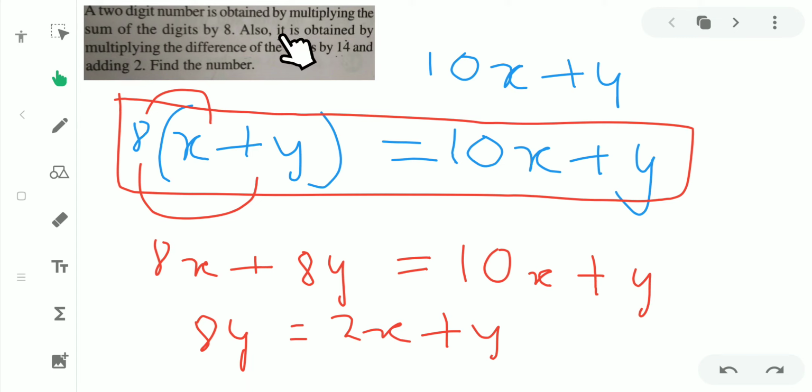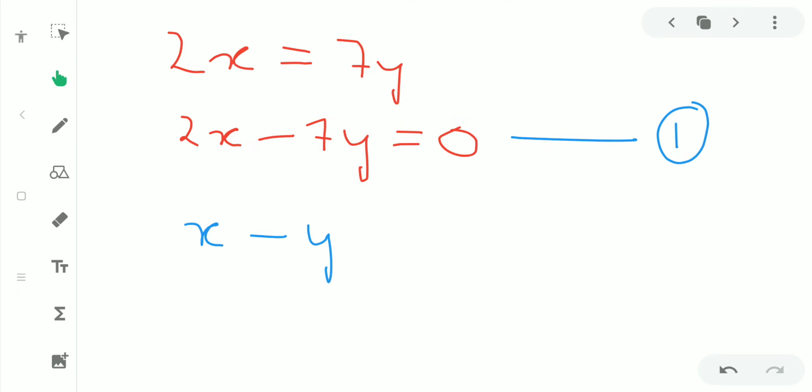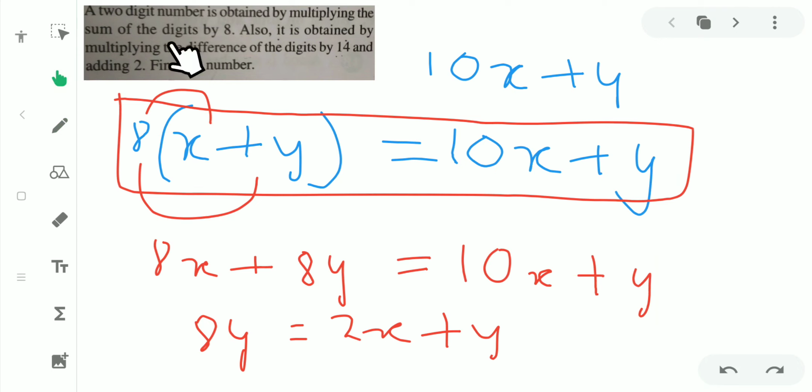So here it is given, it is also obtained. So it means nothing but our number. It is obtained by multiplying the difference of the digits by 14 and adding 2.